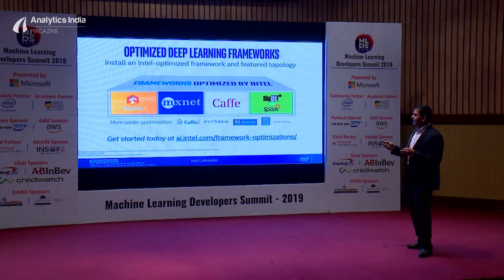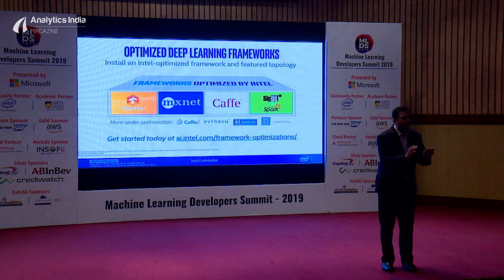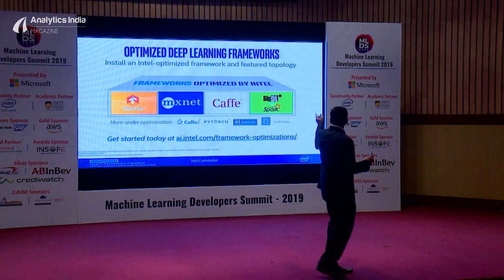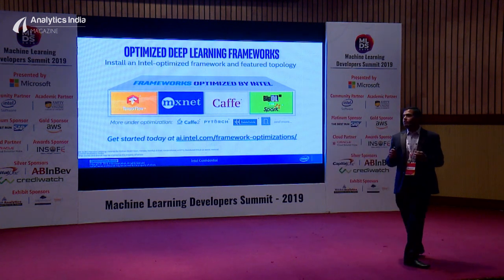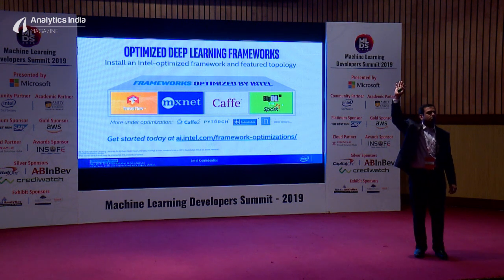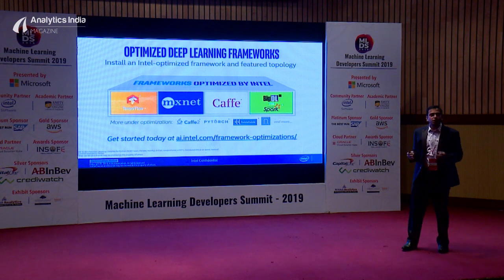So, optimized deep learning frameworks. I just briefly touched upon MKL-DNN because you need to be aware that something called MKL-DNN exists. If you look at all these frameworks, a quick show of hands: TensorFlow? Caffe? Maybe fewer. So the majority of you are on TensorFlow.